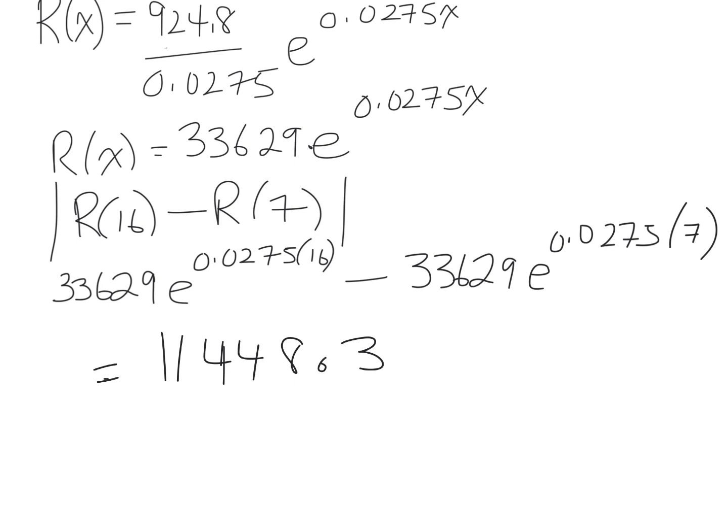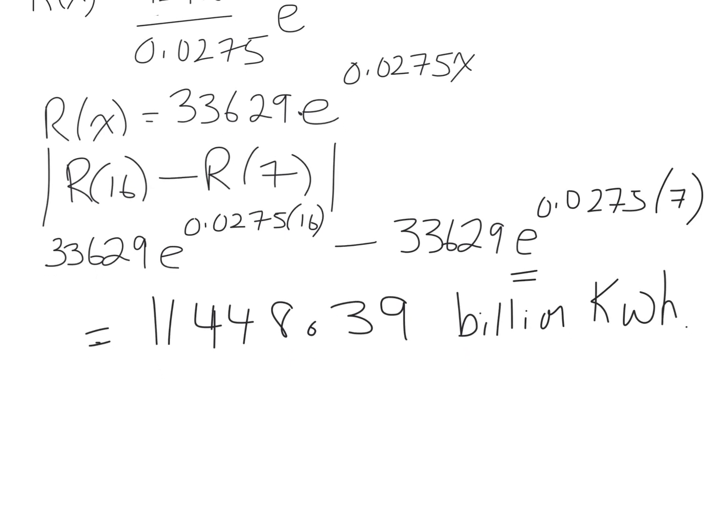Oh, yeah, you were. Okay, so I wasn't using decimals. I got 37, 38, around there. And again, it's an E term, so it depends on how many decimals in the E you use as well, right? And it's billions of, and energy is measured in kilowatt hours. So you'll see that 11,448 billion kilowatt hours.